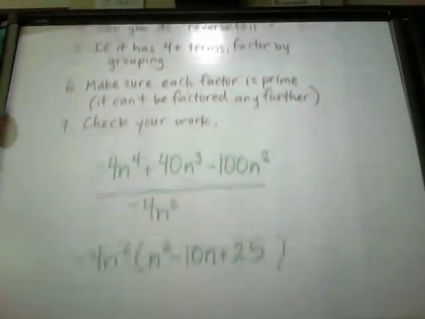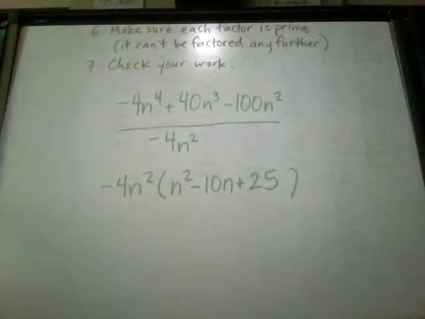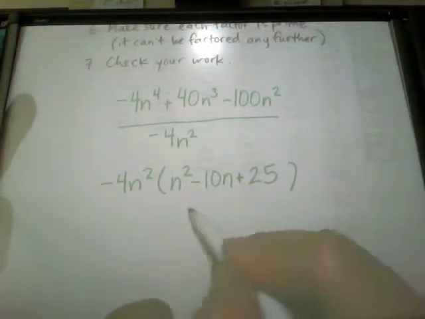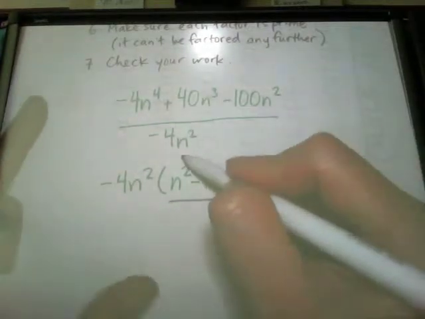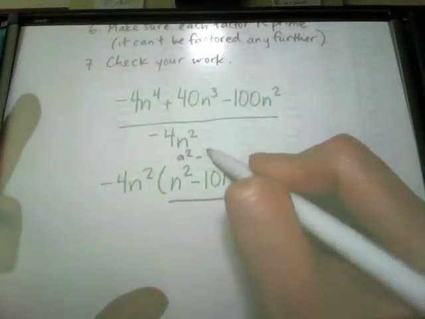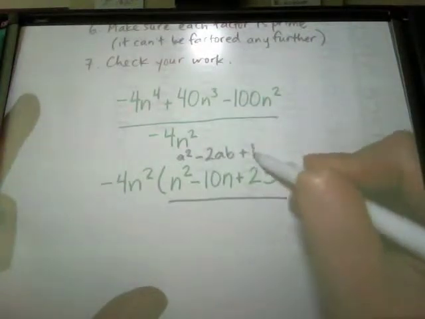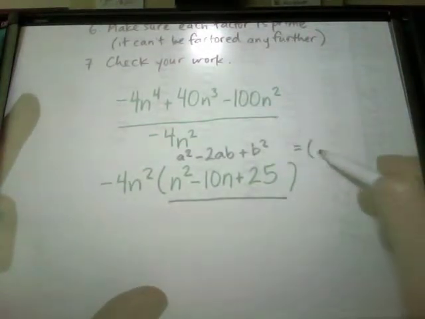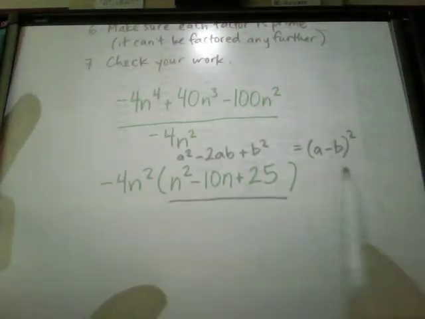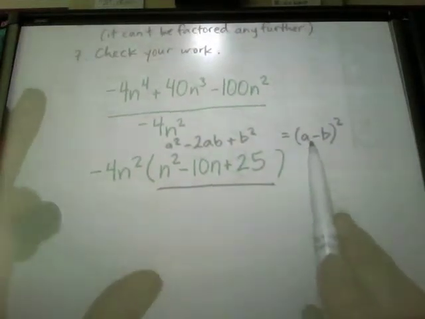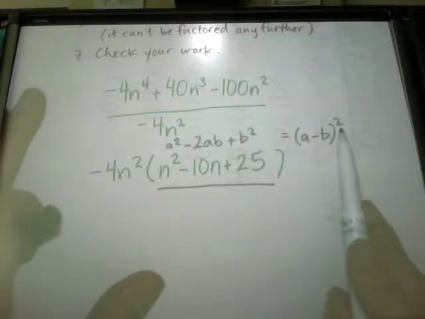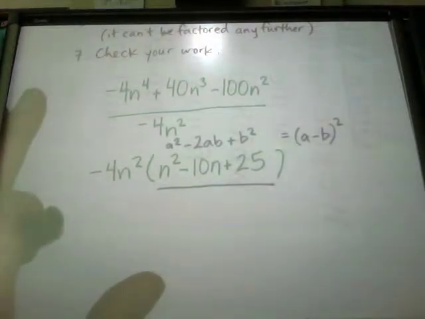Square of a binomial. Underneath here, I'm going to write the pattern for what this would be. If this is a square of a binomial, I'm actually going to write it above, I changed mine. A squared minus 2ab plus b squared. If that's the pattern, if this matches, then that means it comes from a minus b times itself to the power of 2.